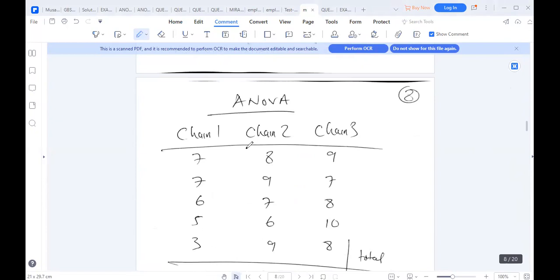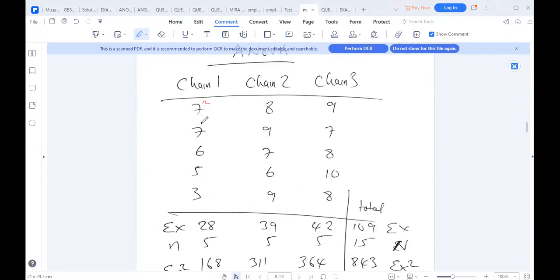The square totals of each one of them, we're going to get 168. When you add them, we get 9. Count them, there are 5. Square each one of them, we're going to get 311. Here we add them, get 42. Count them, you get 5. Square them individually, you get 360.